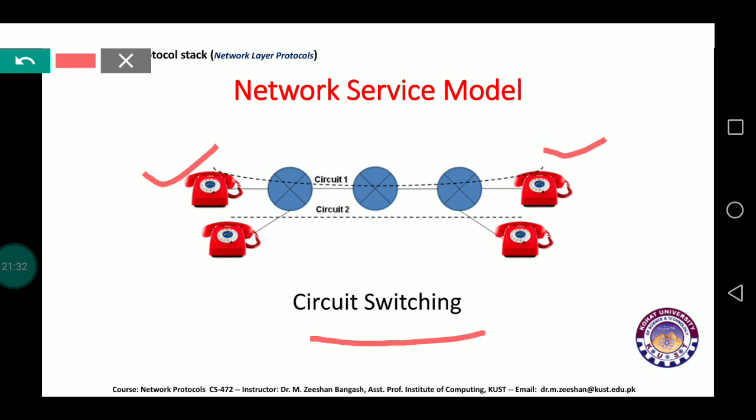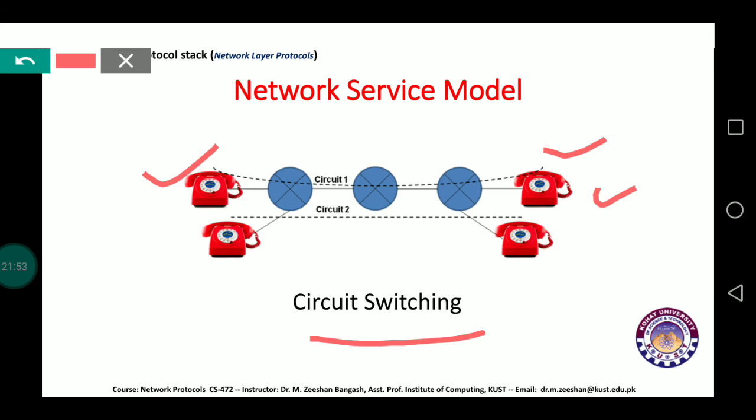So a sort of circuit switching network, in which first of all the source sends an initial packet to the destination, through which the route is known, through different intermediate nodes, and then that route is followed by all the remaining packets.